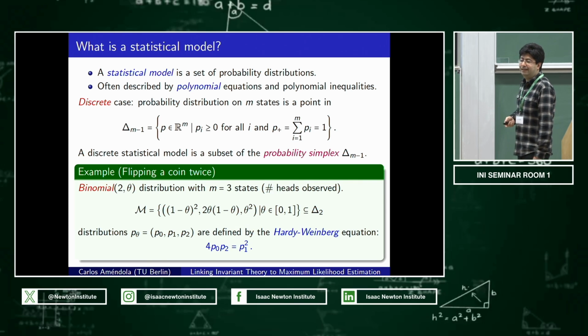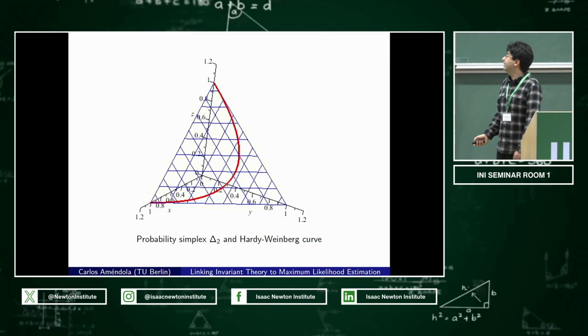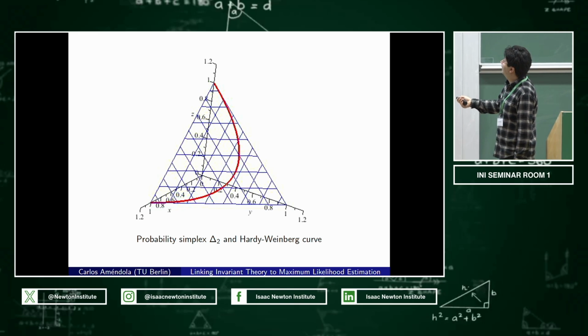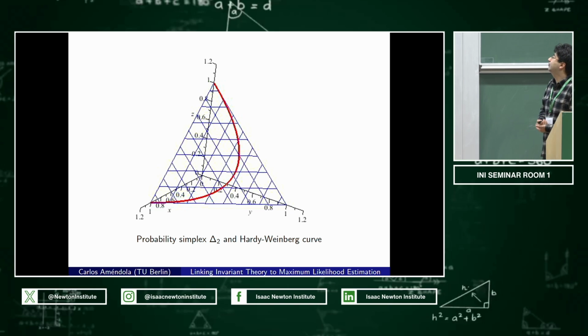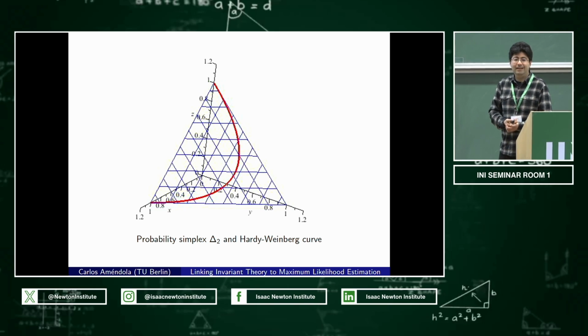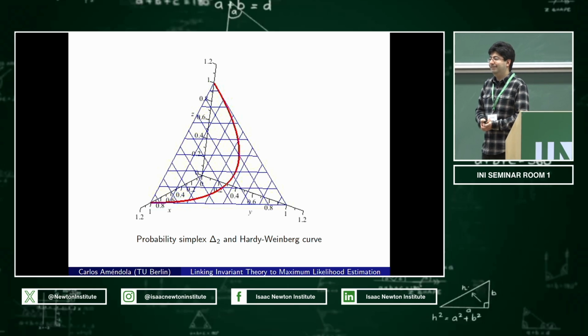We can see this geometrically. Here you can see the picture of the probability simplex, and here in red is the Hardy-Weinberg curve, which would be the model. So this would be the first example. Any questions so far?